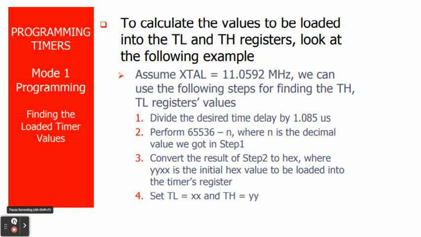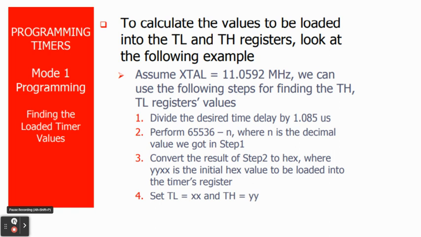You need to convert 1 second to microseconds. What is 1 second in microseconds? That will be 1 million microseconds divided by 1.085. Another thing to consider is that when you subtract this value from our constant, like in number 2, we're supposed to perform 65,536 minus the number that you calculated.